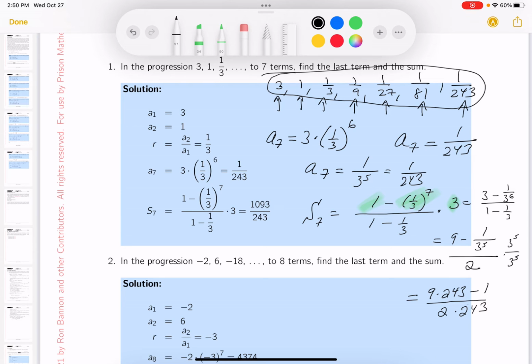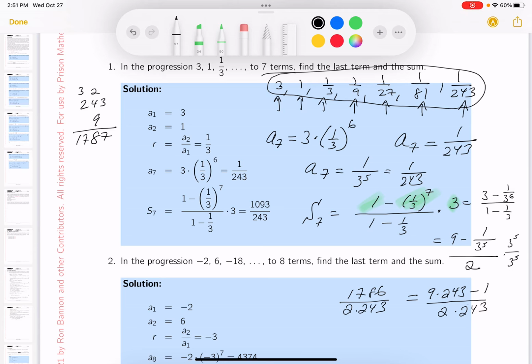All right. I want to go through the arithmetic for you now. 9 times 243. I'll write this on the side for you. 9 times 3 is 27. 36, 37, 38. 14, 15, 16, 17. And I've got to take 1 away from that, don't I? What are you going to get? 1786 over 2 times 243.